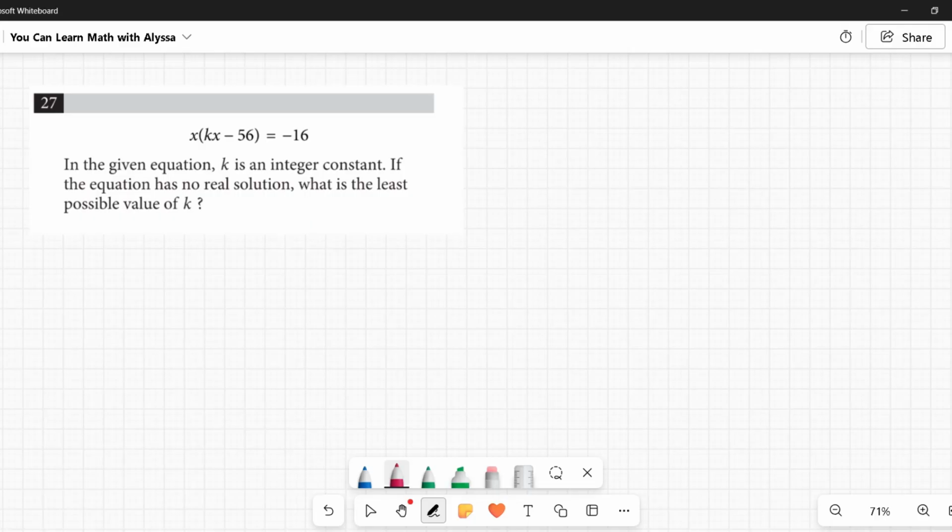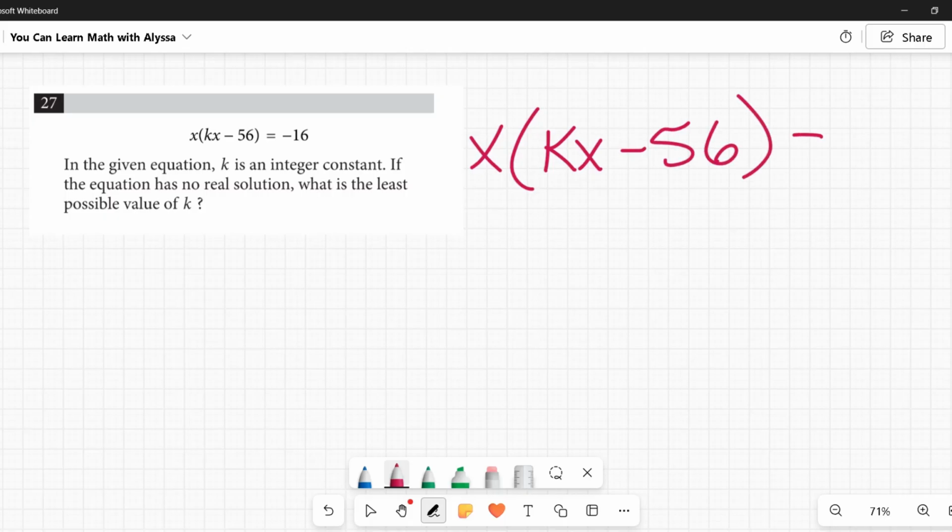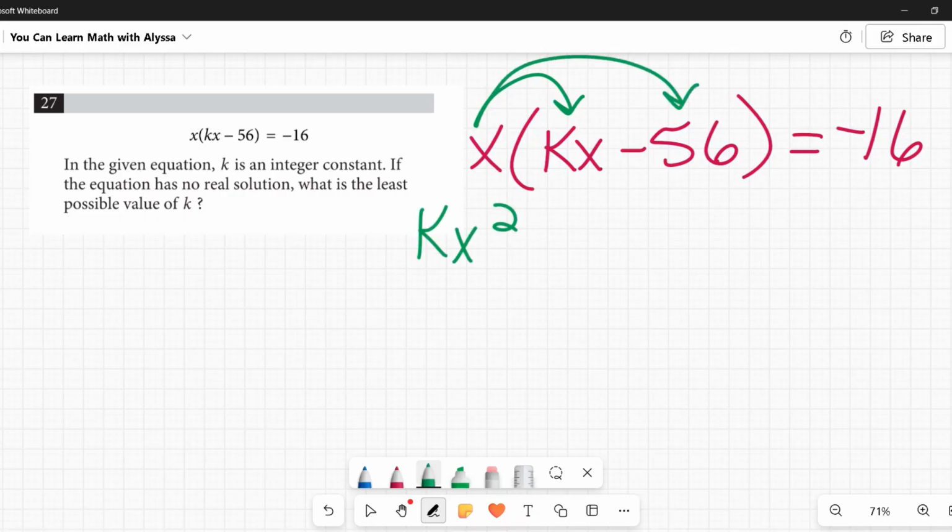First, I want to turn this into a more recognizable quadratic equation. So to do that, I'm going to multiply these things on the left and distribute them, get it all looking more normal for a quadratic equation. First, x times kx is kx squared. Then x times negative 56 is negative 56x. And that equals negative 16.